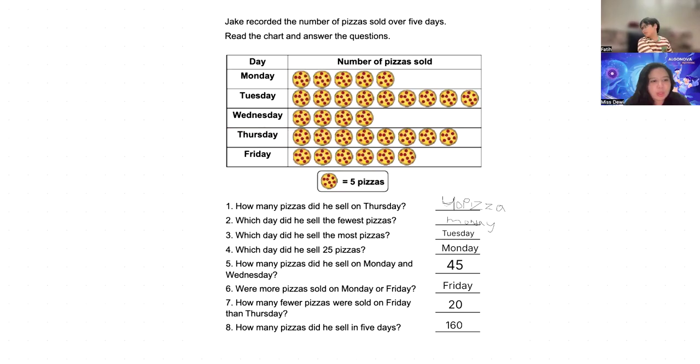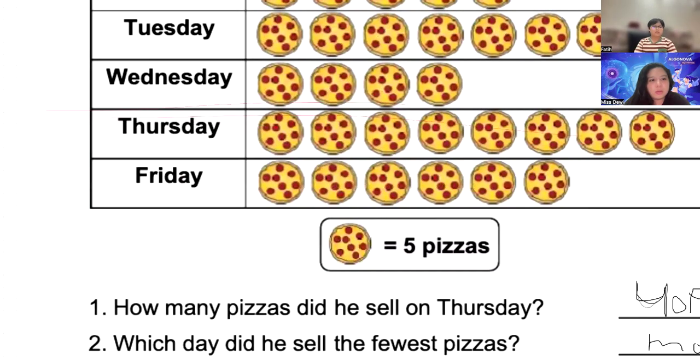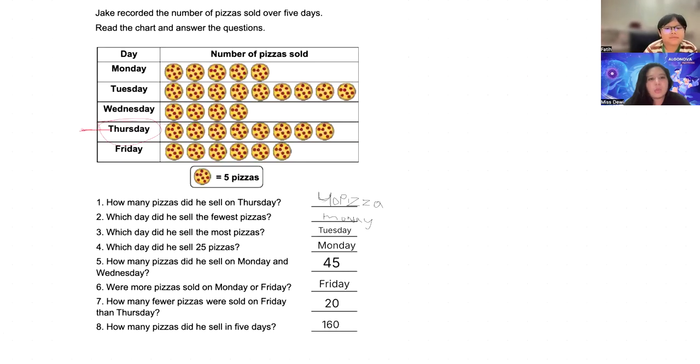Okay, let Miss Dewi change the color first. Yeah, so Thursday it's this one. Let's count how many pizzas are in Thursday. Yeah, this is Thursday. Let's count it together.